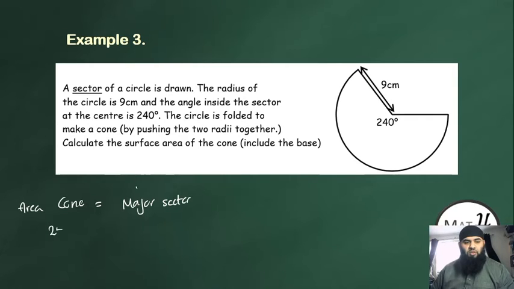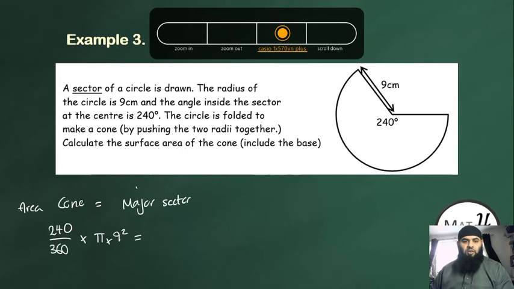We have 240 degrees out of 360, because the whole circle is 360. This is how much part of the circle we have. So we're going to multiply it by pi r squared. So pi times r, which is our 9 squared.